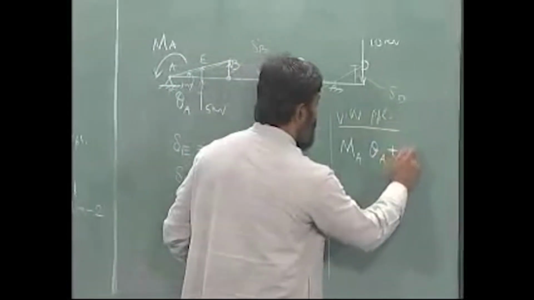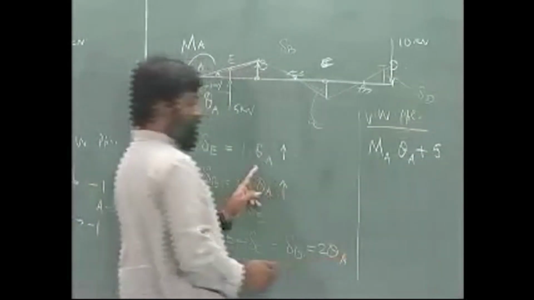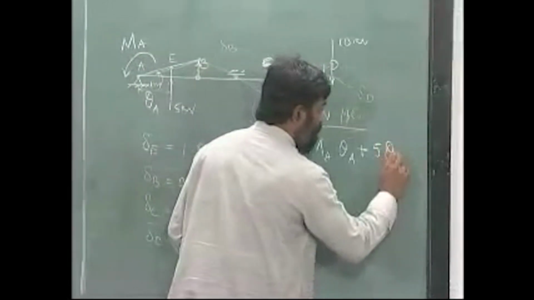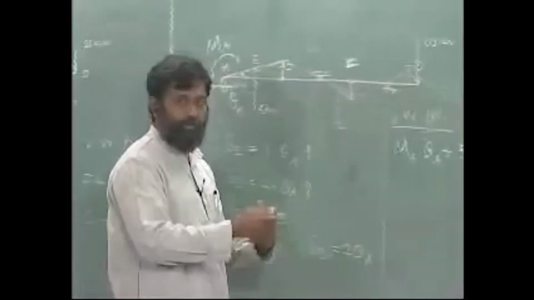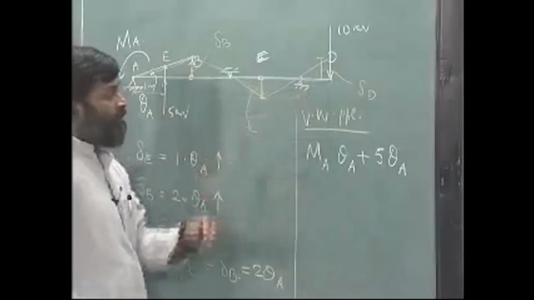plus 5 kilonewtons times delta E, which is theta A times 1. How about this?